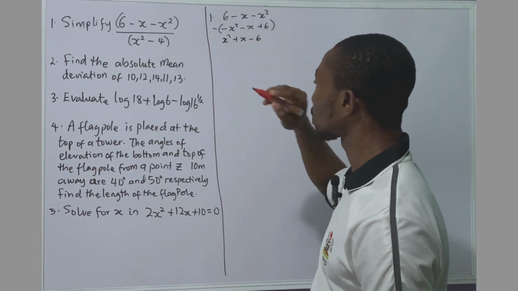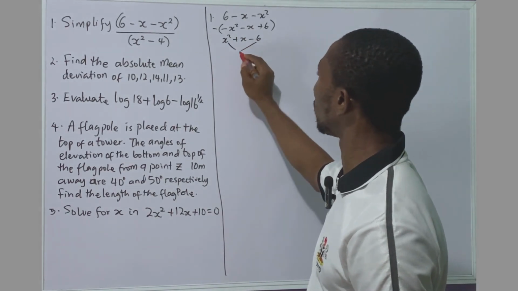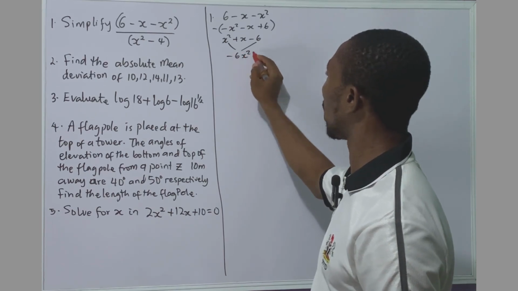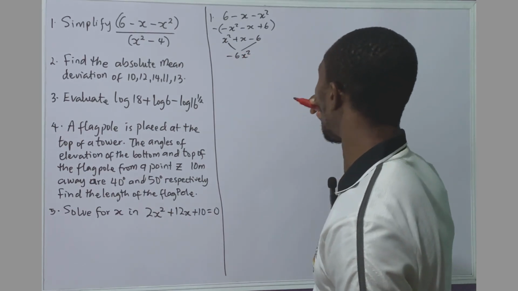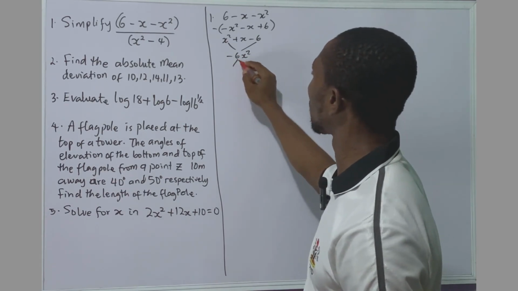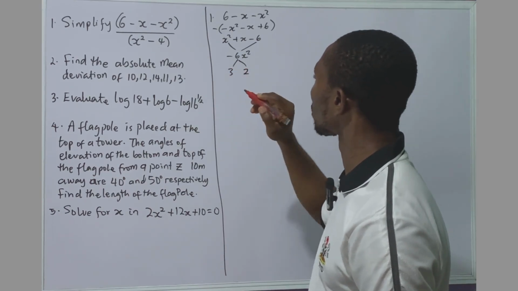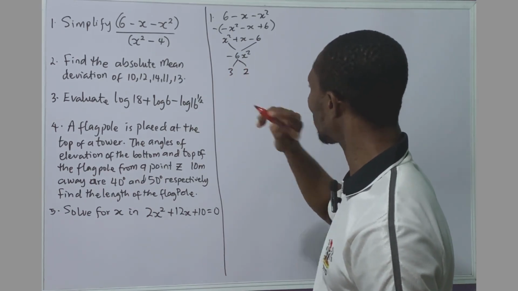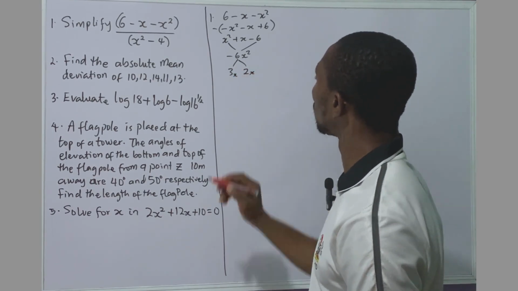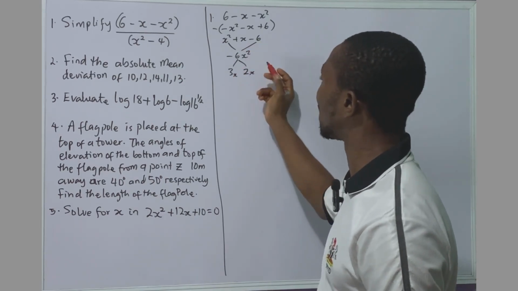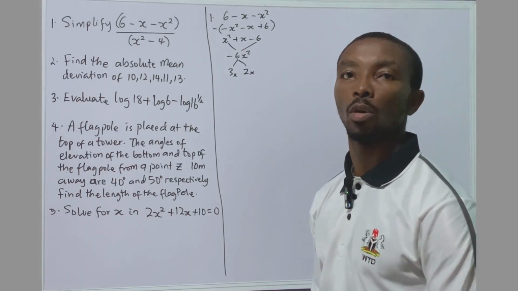Now factorizing this, the factors of 6 would be 3 and 2, so 3x and 2x. One has to be negative while the other is positive.